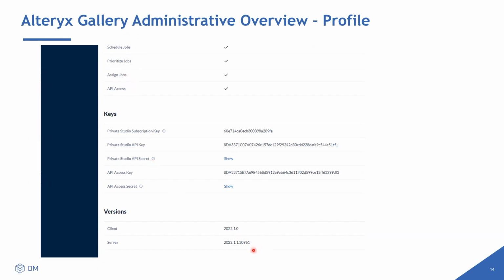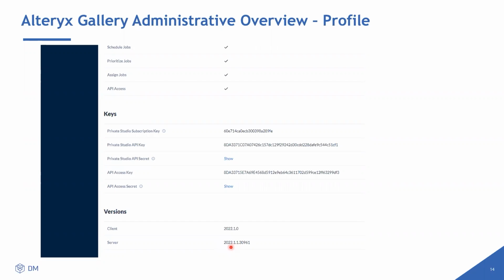For developers, the best part of the profile is to check the server version. We always recommend using the same version for Designer as the server one is. So 21.1, I'm going to use Alteryx Designer 21.1. If I use Alteryx Designer in a newer version than on the gallery, it won't work.